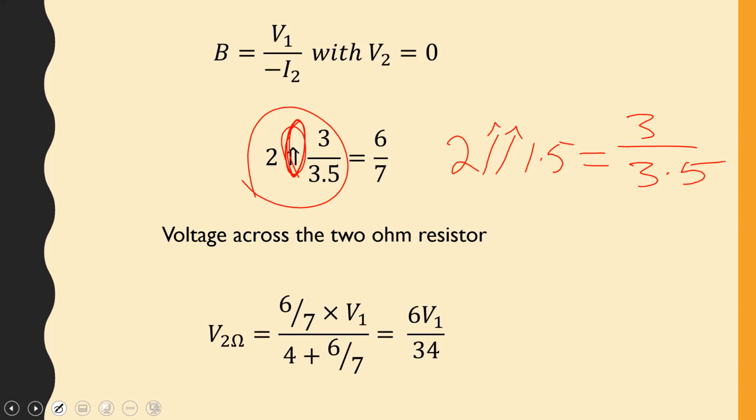And for the voltage division, we're now dividing it between 4 and 6 over 7.